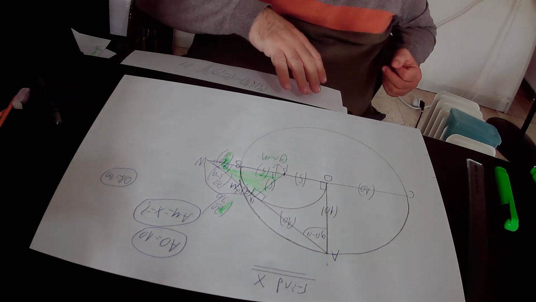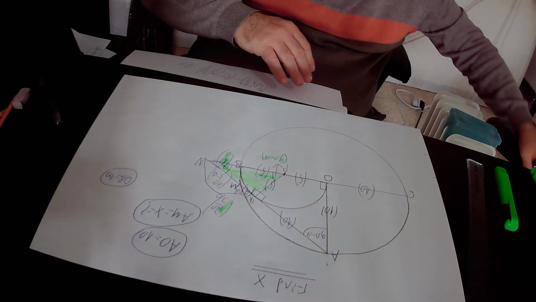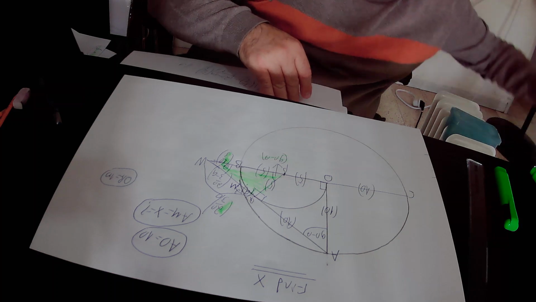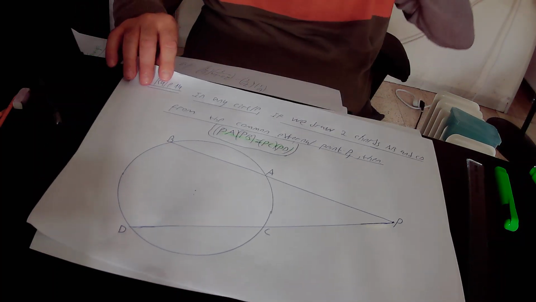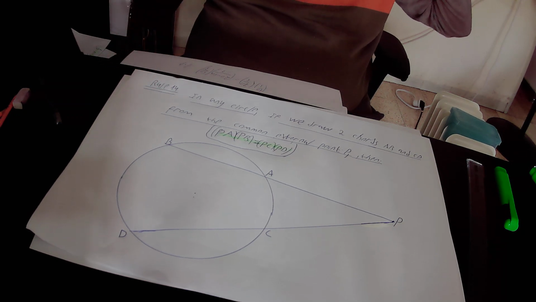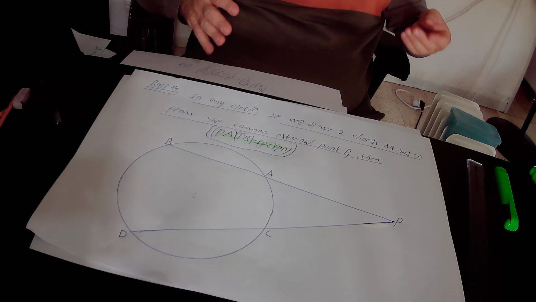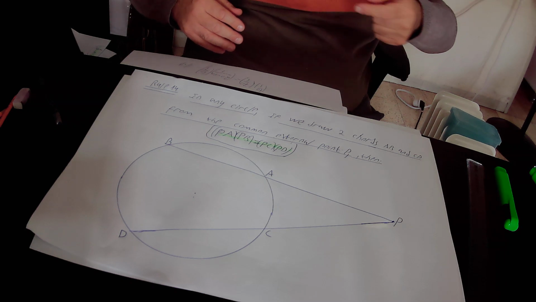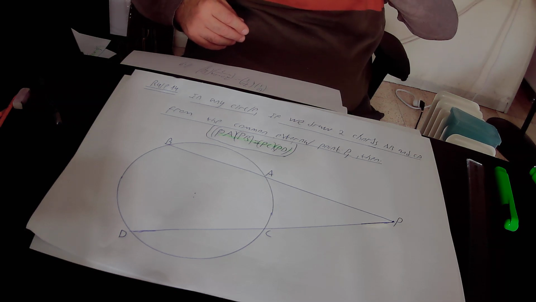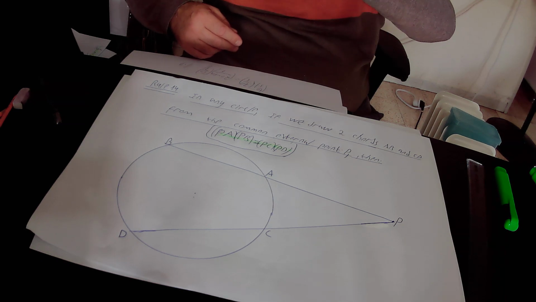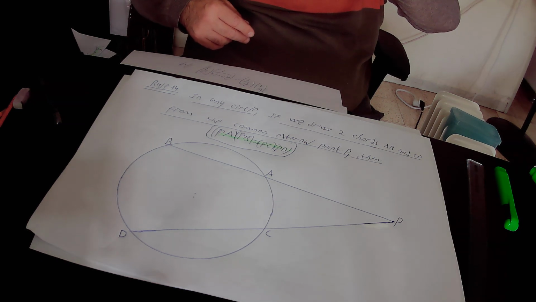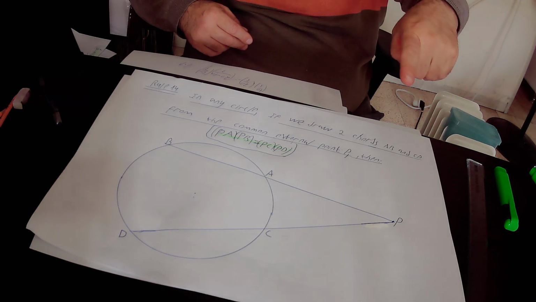Then we presented to you rule number 14, and we implemented rule number 14 in our drawing. According to rule number 14, in any circle, if from a common standpoint you draw two chords inside the circle, the following equation will be true.